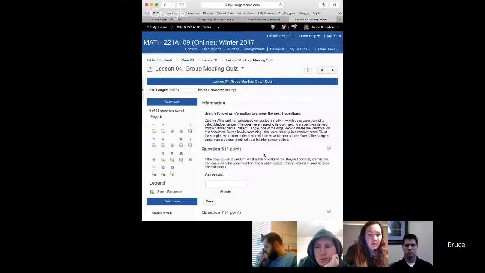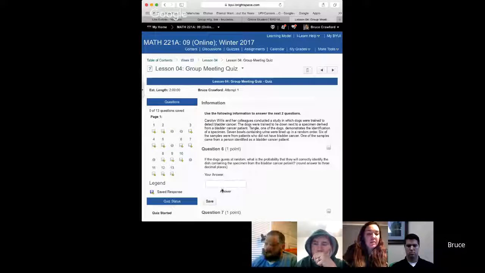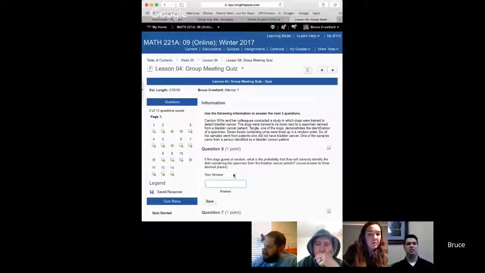If the dogs guess at random, what is the probability they will correctly identify the dish containing the specimen from the bladder cancer patient? It's a weird experiment. Round to 3 decimals on this one.